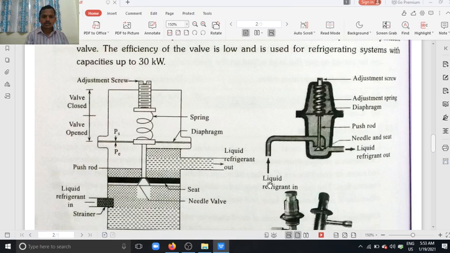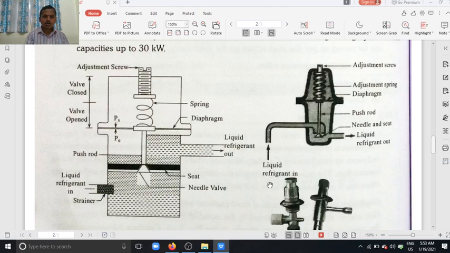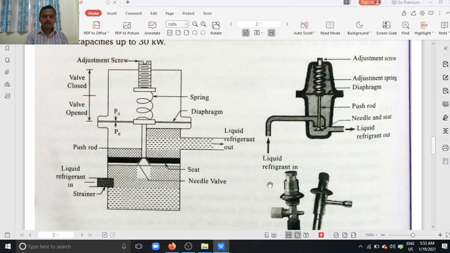This automatic expansion device mainly works on the spring pressure and evaporator pressure. See here, this is the line diagram of the automatic expansion device.